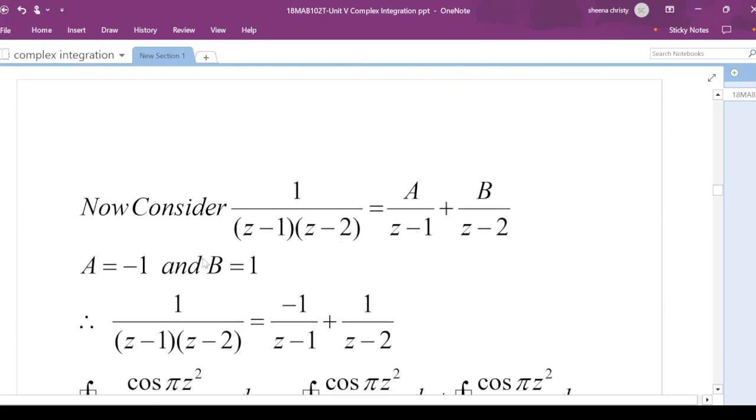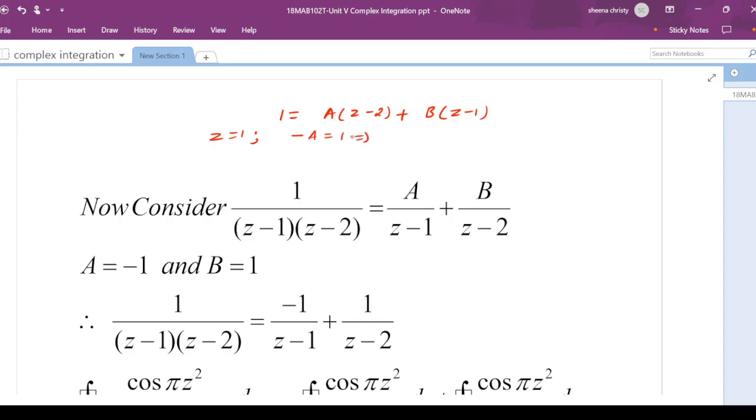So by separating with the help of the partial fraction method, you can find out the values of A and B, like A into (z minus 2) plus B into (z minus 1). By taking z equal to 1, you are having minus A equal to 1.